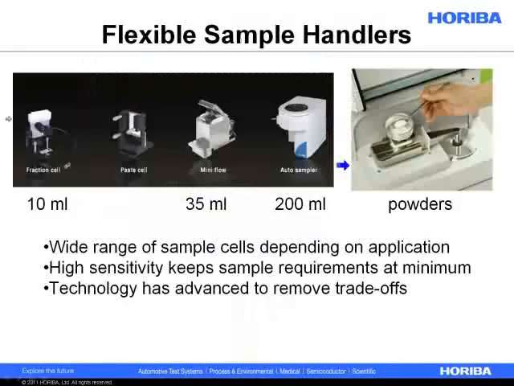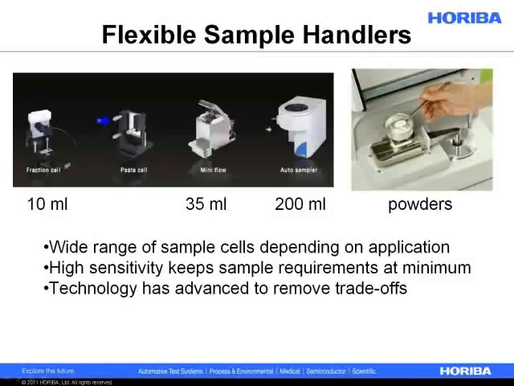Another advantage of laser diffraction is it's very flexible in terms of sample handlers. I was saying earlier that you can run emulsions, powders, suspensions, creams, and pastes. Well, you can do that because we have a wide range of sample handlers. If you have only a very limited amount of sample, you might run it on a cuvette type accessory like a fraction cell. If you have a paste, you'd run it on something like the paste cell.